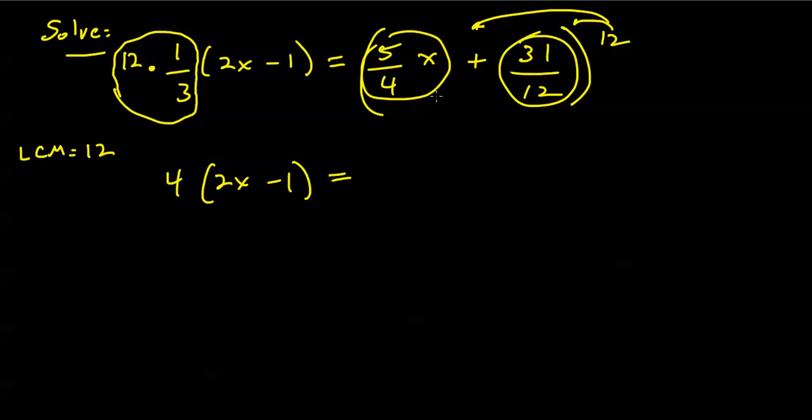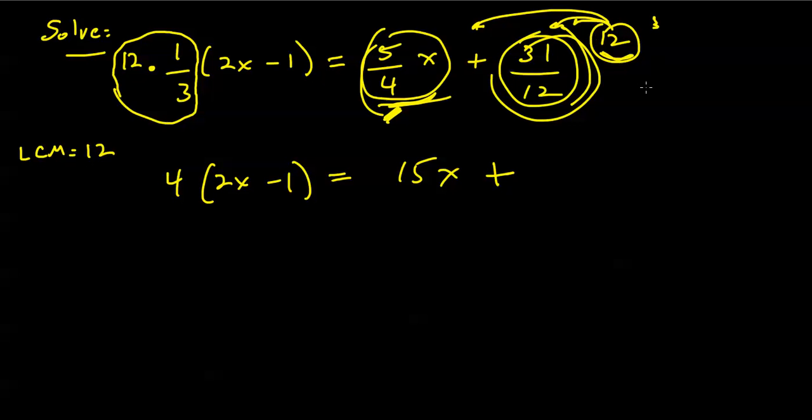Now let's see. 5/4 x times positive 12. Well, a 4 will cross-cancel into 12 3 times, and 3 times 5x is 15x, is it not? Plus, similarly, 12 times 31/12. Well, here, multiplying these two expressions, the 12s cross-cancel, and I'll get a 31.